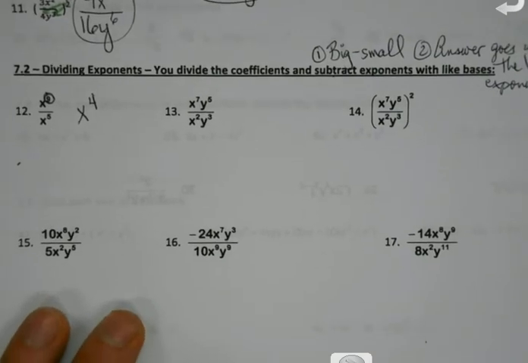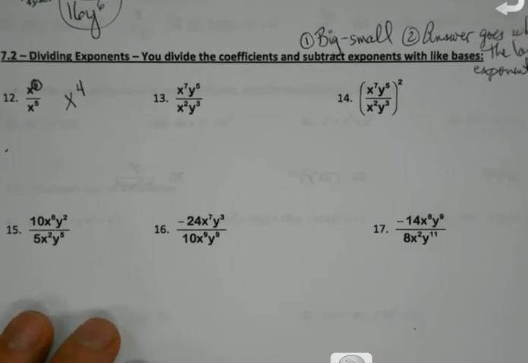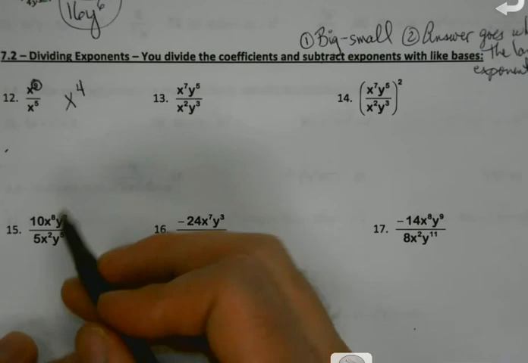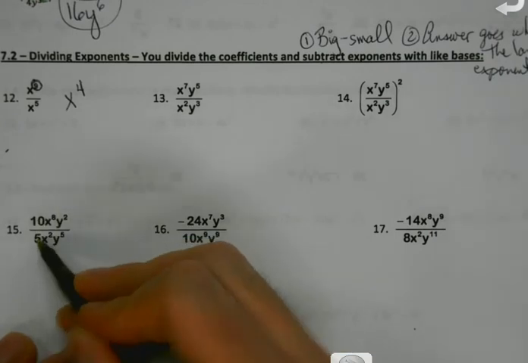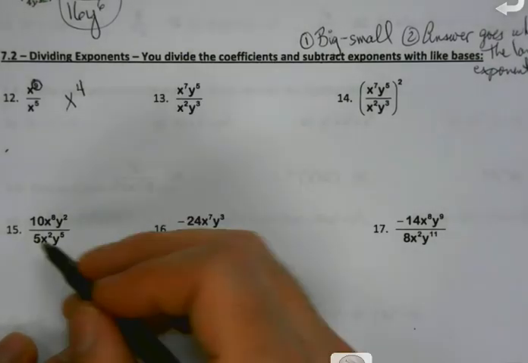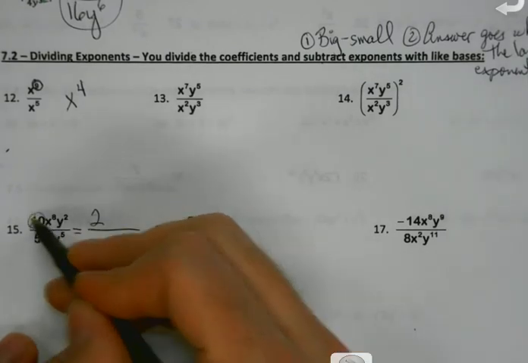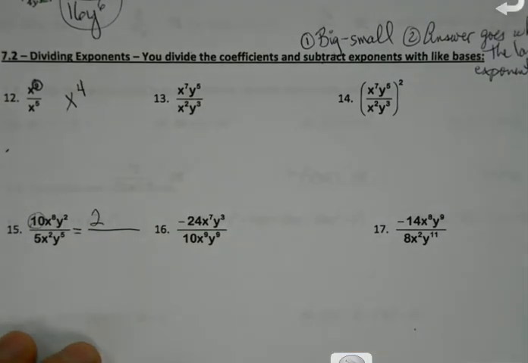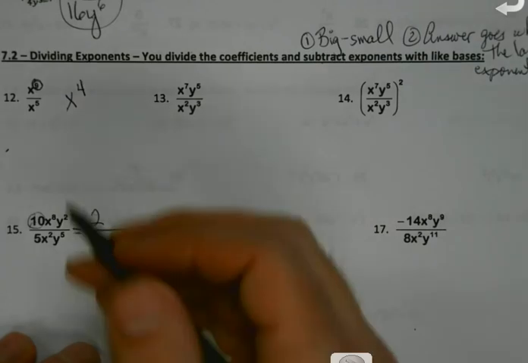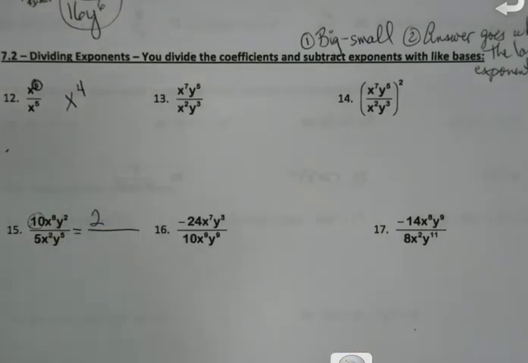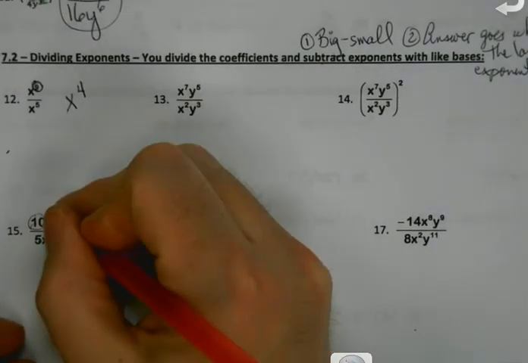Okay, there's a couple of things going on here. First, it's not 10 minus 5. We still divide the coefficients. So 10 divided by 5 is 2. Bigger numbers up in the numerator, so my 2 stays up there. Then my x's, 8 minus 2 is 6.